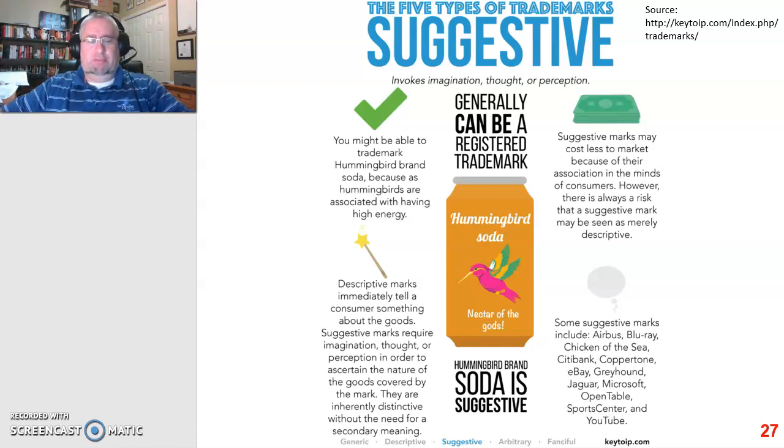And we talked about generic and descriptive trademarks being ones that you want to try to avoid because typically, even if you're using them in the practice of operating your company, if you try to apply for trademark protection through USPTO, those types of trademarks usually are not trademarkable, not registerable at the federal level, and don't qualify for trademark protection because they are too general, right?